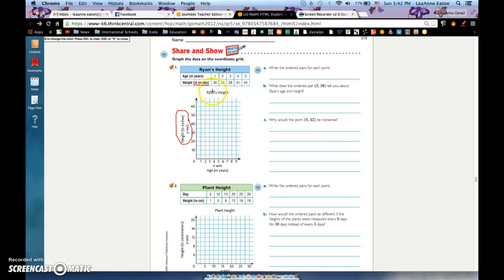So we're going to look at Ryan's height. First, we're going to write ordered pairs for each point, and each one of these is an ordered pair. You need 2 numbers, an x and a y. We said that the age is our x and our height is our y. And remember, they have to come in parentheses.